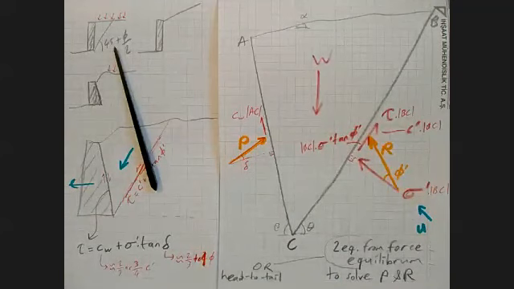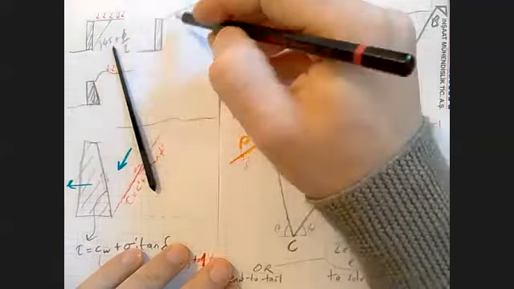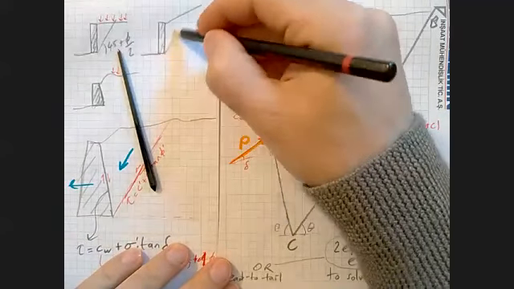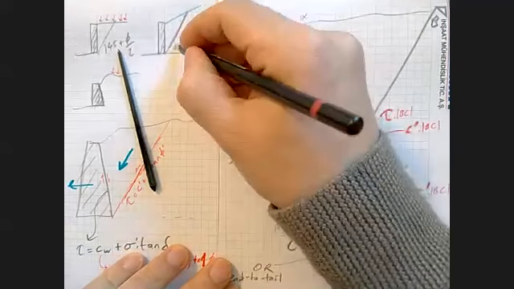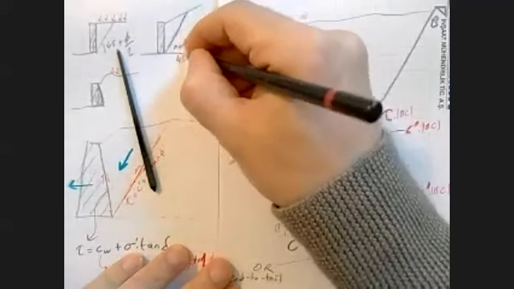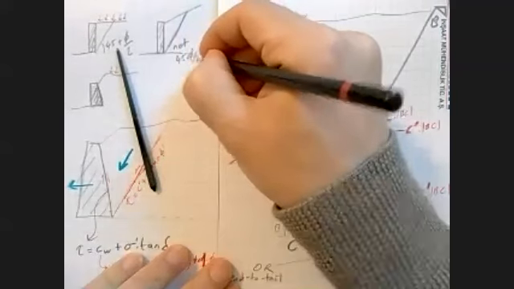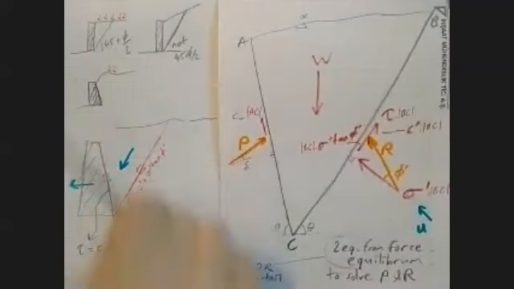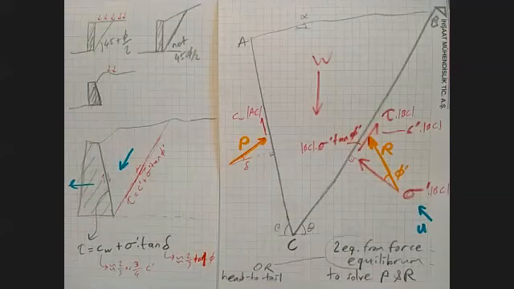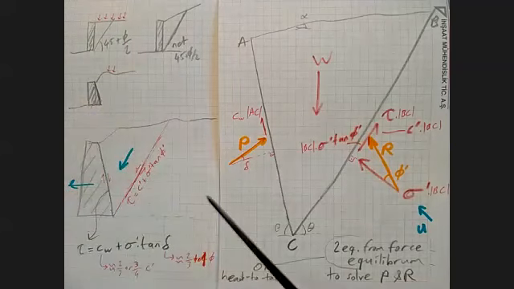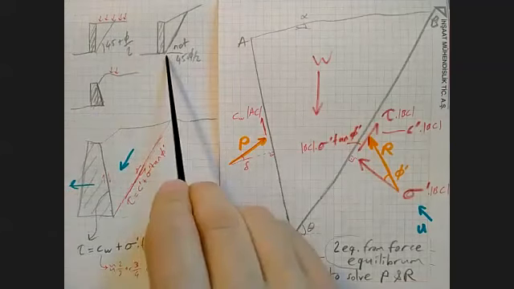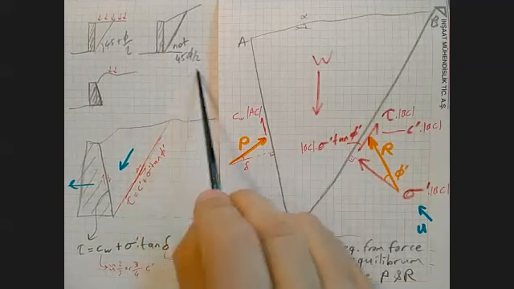The problem is, even Rankine theory says, if you tilt this surface, then this is not 45 plus phi over 2. It's something else. So because the problem changes, the geometry is different, and your failure planes on this problem no longer are 45 plus phi over 2.